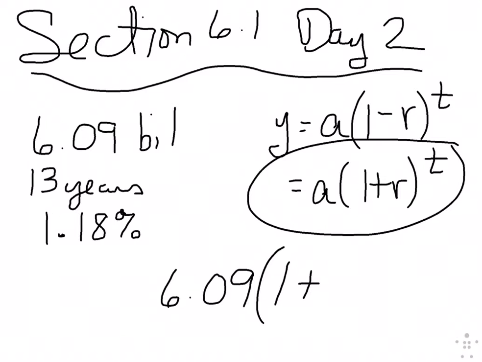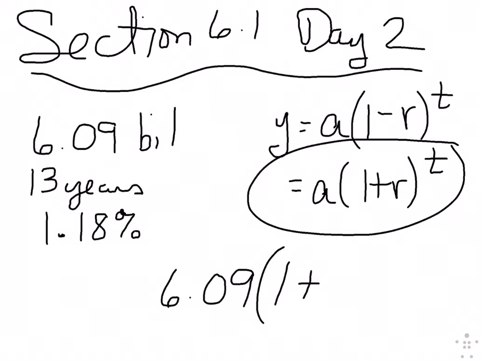1 plus. Here's where some of you will mess this up, so be very, very careful. When it says 1.18%, you need to move that into the decimal form of that percentage. So you don't put 1.18 in there right now. You got to move it 2 places to the what? Okay.